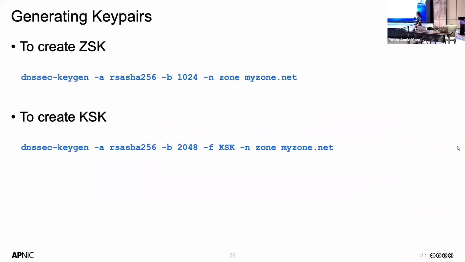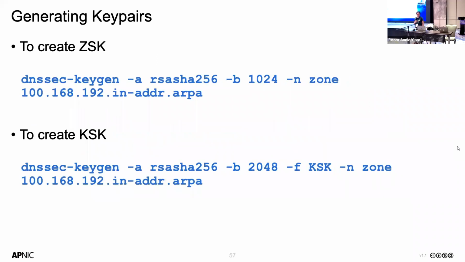This is just the complete command that you can use for ZSK and for KSK. And this one, again, is an example. Similarly for reverse DNS, the only difference there is the domain used, which is the FQDN for the reverse zone.